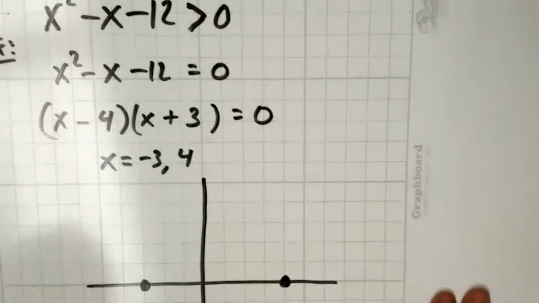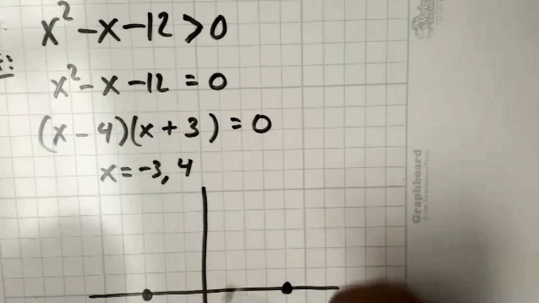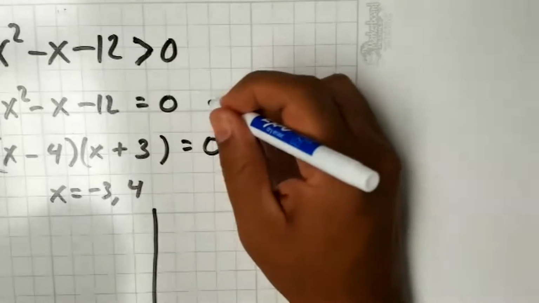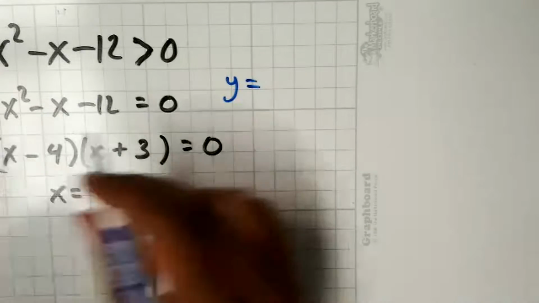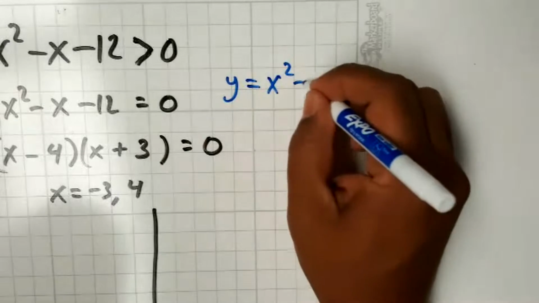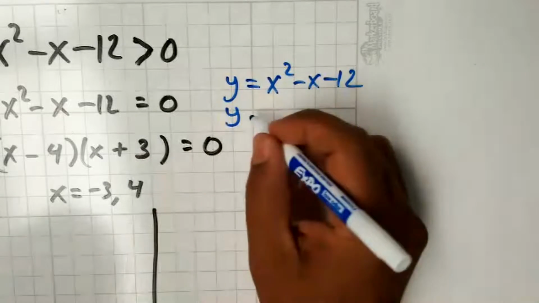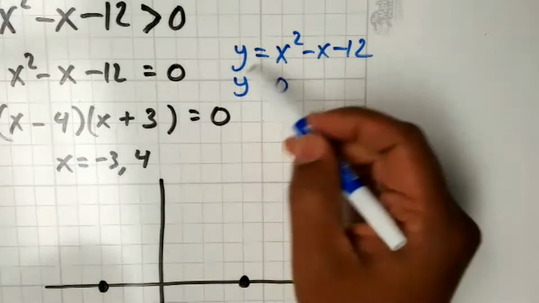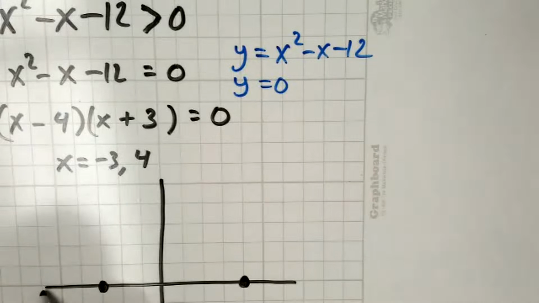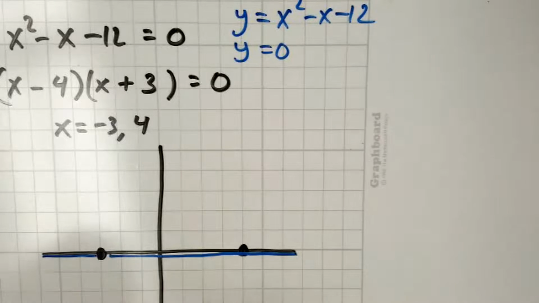And if you go back and look, we could also think of these as functions, which is what I've been trying to show you the last few days, right? The left-hand side could be y equals x squared minus x minus 12. And the right-hand side would be y equals 0. So now you have two functions. y equals 0 is the x-axis.